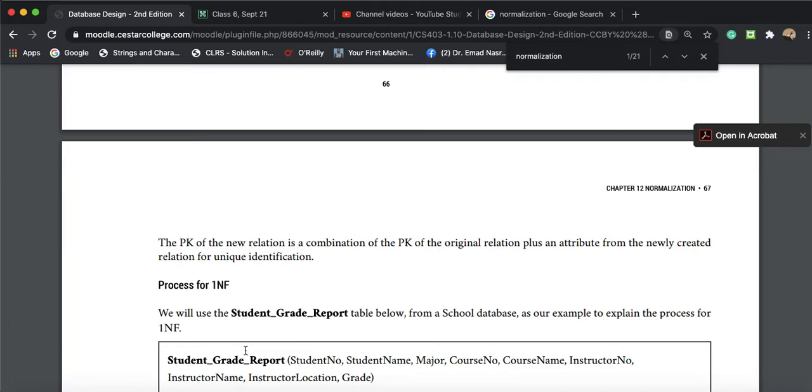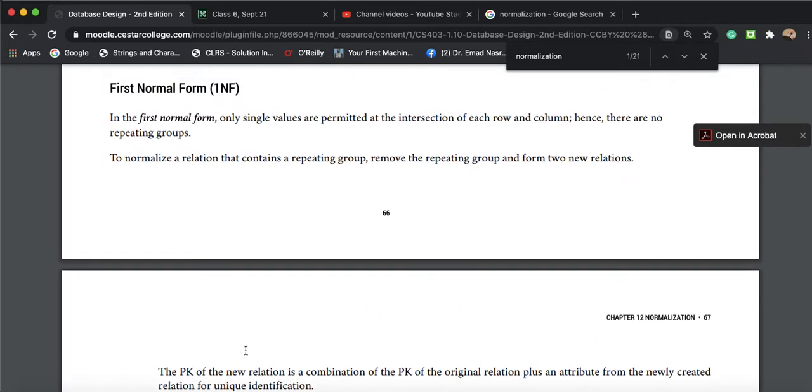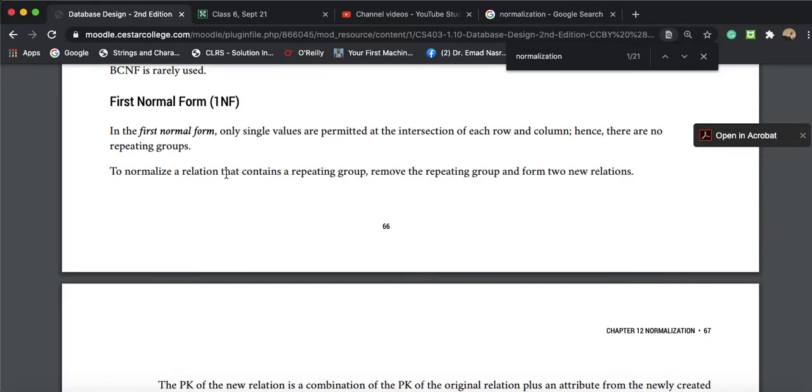To normalize a relation that contains repeating group, remove the repeating group and form two new relations.